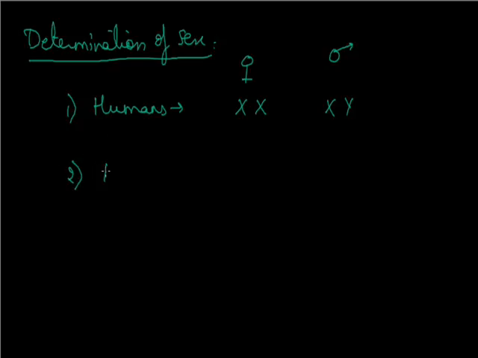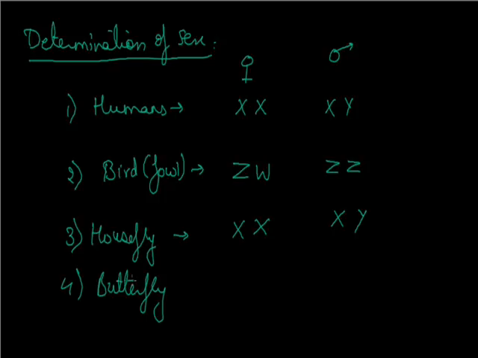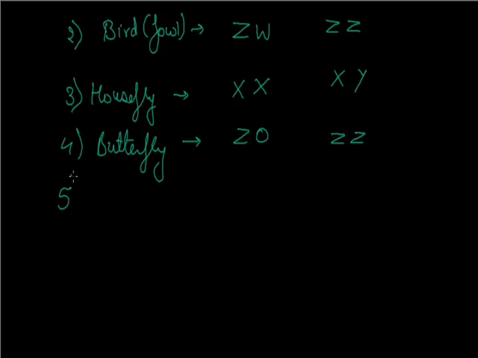But if we talk about birds, the female is heterogametic ZW and the male is homogametic ZZ. Next, when we talk about the housefly, here the female is again homozygous and the male is heterozygous. Last, if we talk about butterfly, here the female is and the male is in grasshopper.